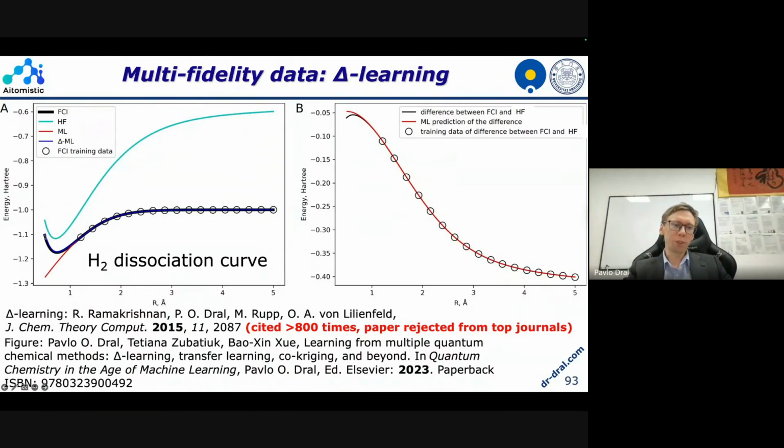So it is correct. But when you look at the errors relative to the more accurate method, it is pretty bad. But machine learning can correct it to a good level, and then you don't have this dissociation. So it is more robust, and it's also more accurate than if you try to learn directly on the target level of theory like DFT.